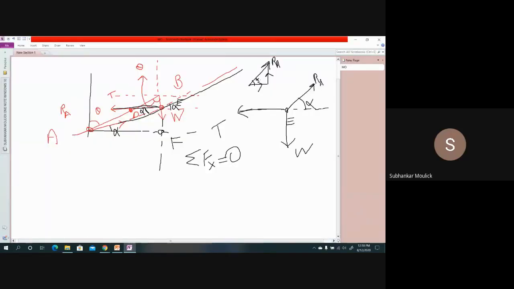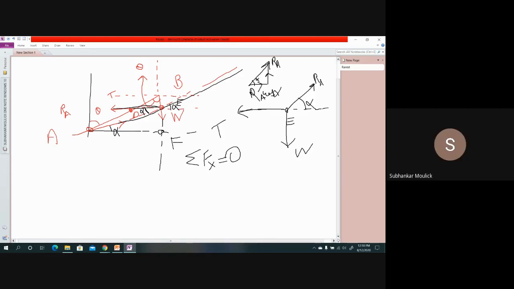If I take cos alpha, it is base by hypotenuse. So base will be hypotenuse into cos alpha. RA cos alpha. That is nothing but RA cos alpha. If this becomes your RA cos alpha, then how much will this perpendicular be?